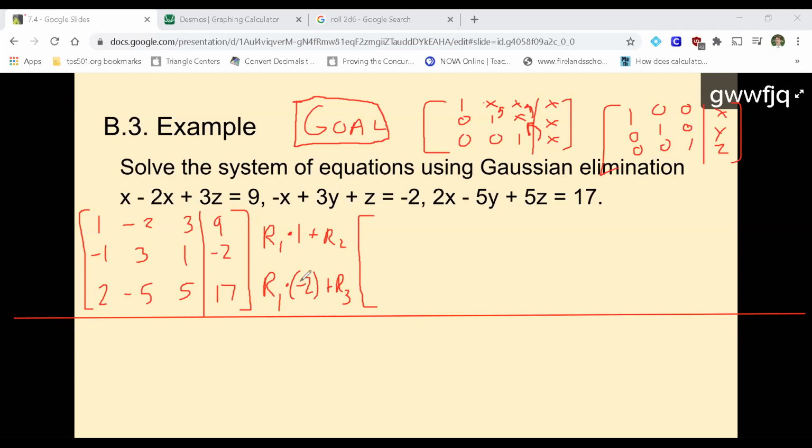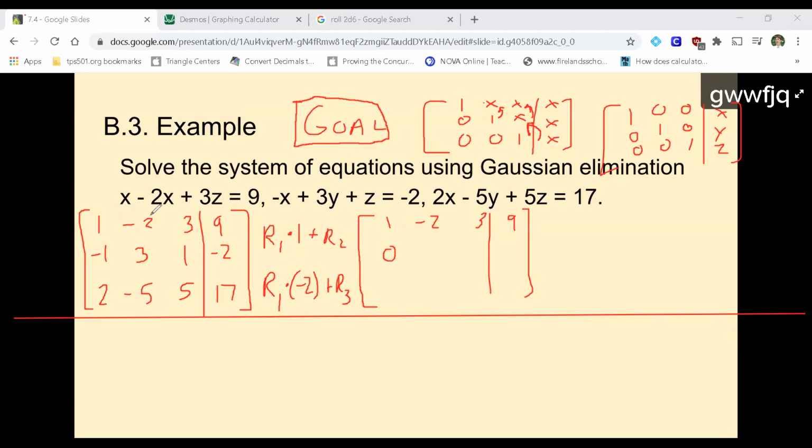If I perform these two row operations, the next matrix I would get is 1, -2, 3, 9. I'm not actually changing row 1. I'm only changing row 2 and row 3. All right, to get my new row 2, I'm going to take 1 times 1 plus -1, which is 0. I have to do this not only for the first column, but all of the columns in row 1.